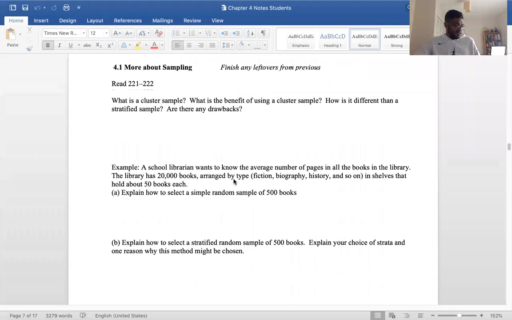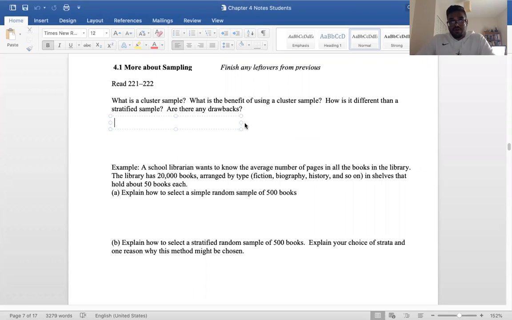Okay, so now what is cluster sampling? Again, this is just building off of everything else already. So cluster sampling is when you divide into groups again, but you take every single person from a certain random sample of groups. So write this out.